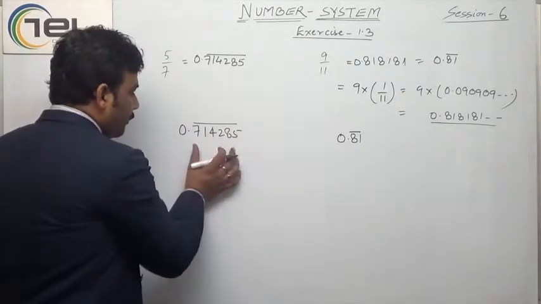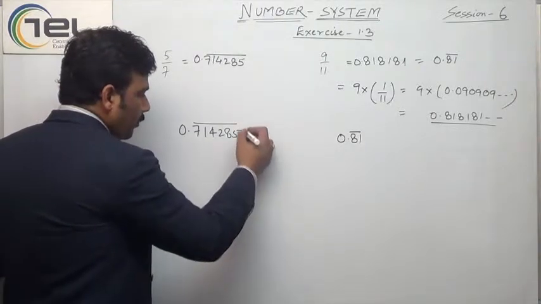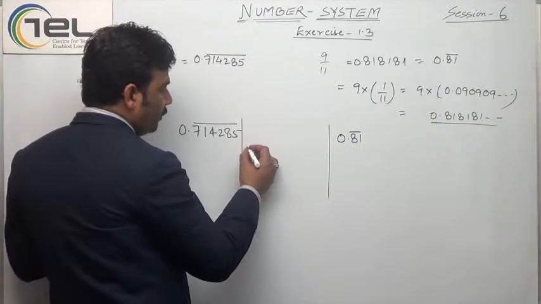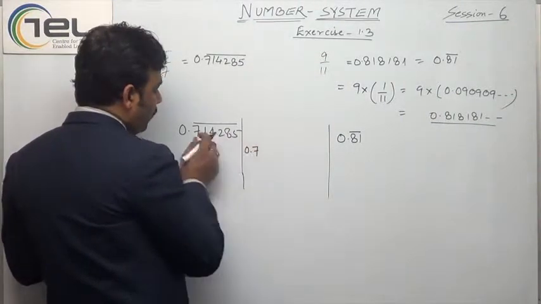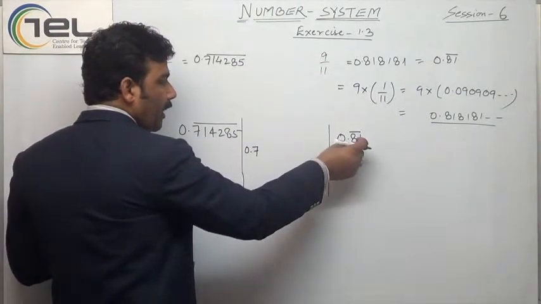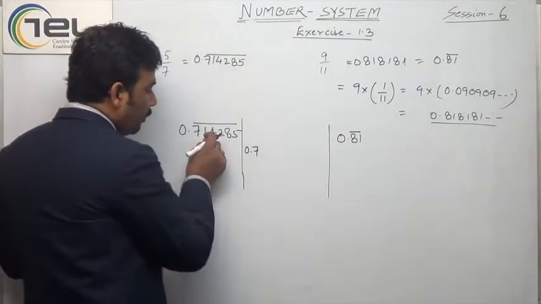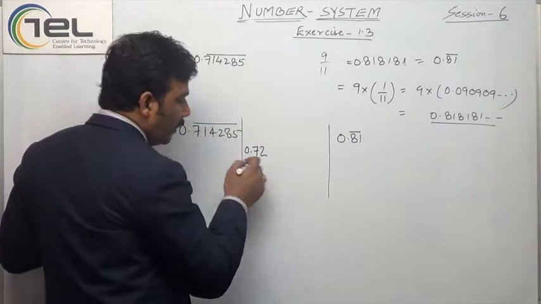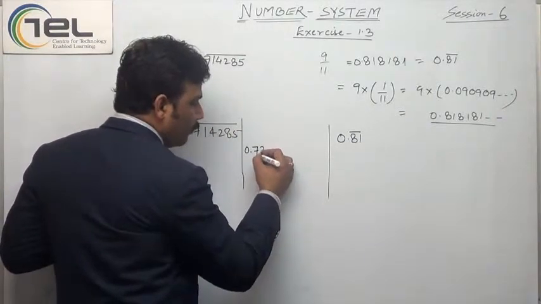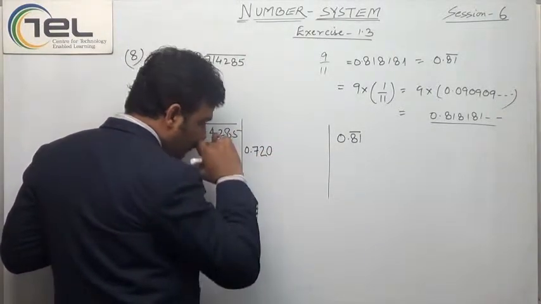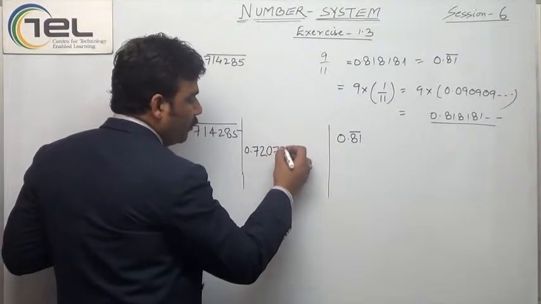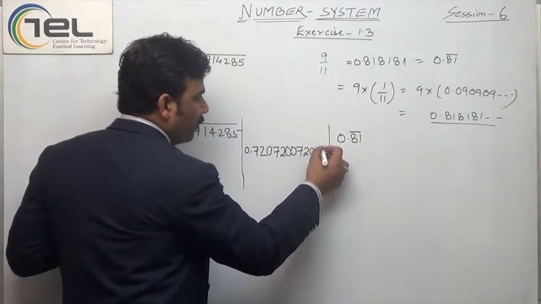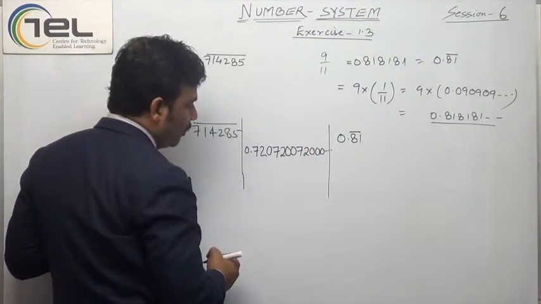The first number I write is 0.7, then it must be more than this, so I put 72. It is more than this number, and now I can continue like this: 720, 7200, 72000 and so on. This is the first number.